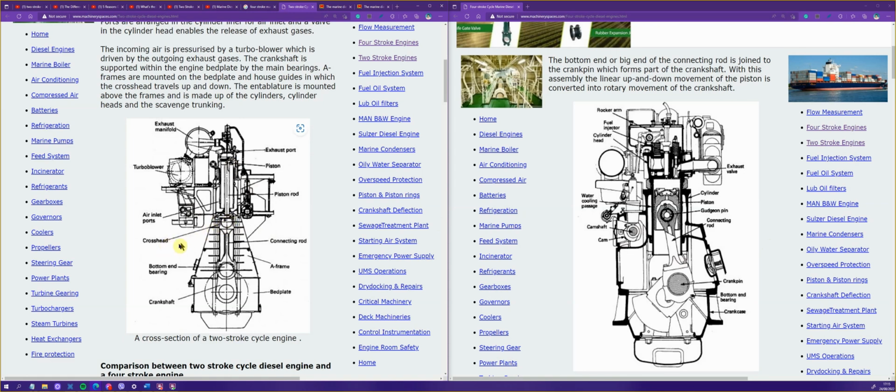May crosshead yan. So, you have a piston rod, crosshead, connecting rod, crankshaft. Sa iyong four-stroke, you have a piston, connecting rod, crankshaft.